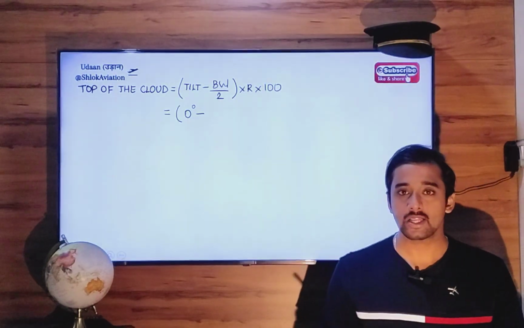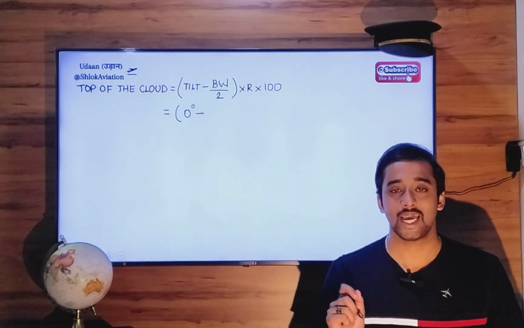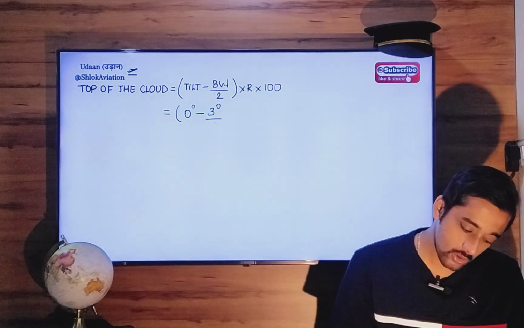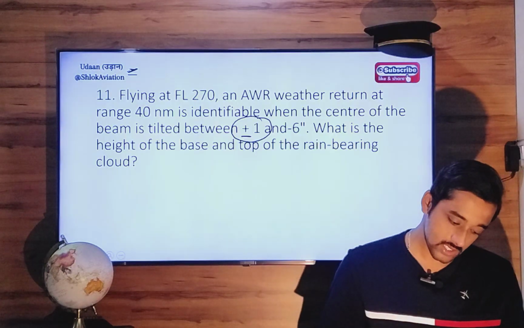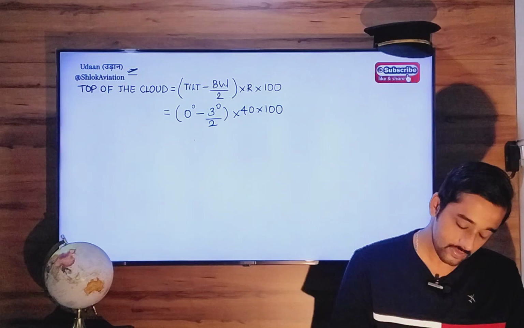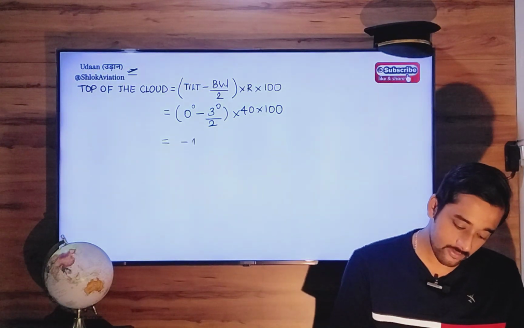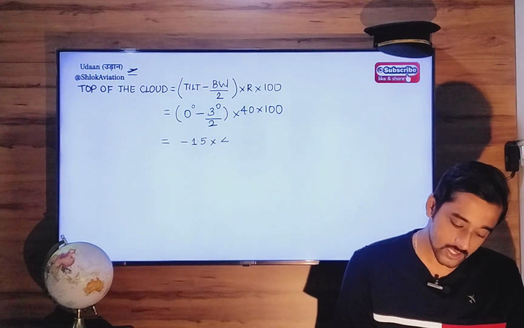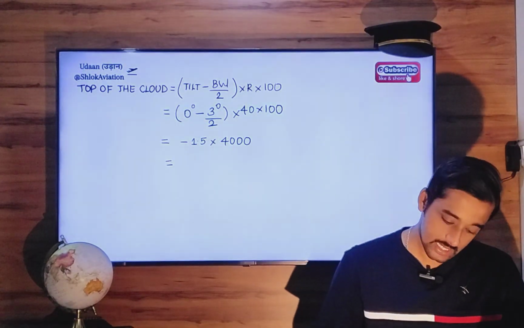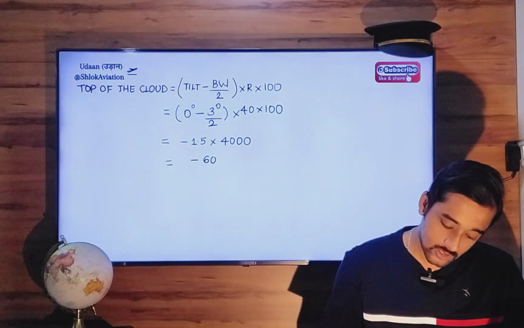And whenever beam width is not given to you, use the standard beam width value of 3 degree. So 3 degree divided by 2, range is 40 nautical miles into 100. So minus 1.5 into 4,000. So minus 1.5 thousand is minus 6,000.